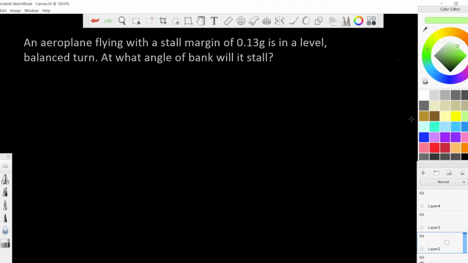So the meaning of that first sentence, that the stall margin is 0.13 g, is that the aircraft will stall at 1.13 g. That's one of the areas where this question can become quite confusing. If you haven't seen it before, you might not know what they mean by the stall margin of 0.13 g. If an aircraft is flying along at 1 g at the point of stall, then of course the stall margin is 0.